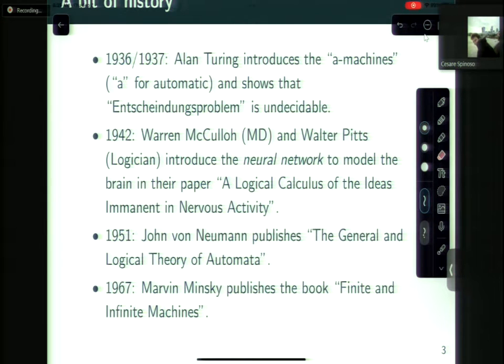Neumann was interested in modeling electrical components and computation. And then lastly, Marvin Minsky took some inspiration from von Neumann and also the McCulloch and Pitts paper, and publishes a book in 1967 known as Finite and Infinite Machines. And that's an excellent segue, that's why I put it there, to talk about finite machines, right?